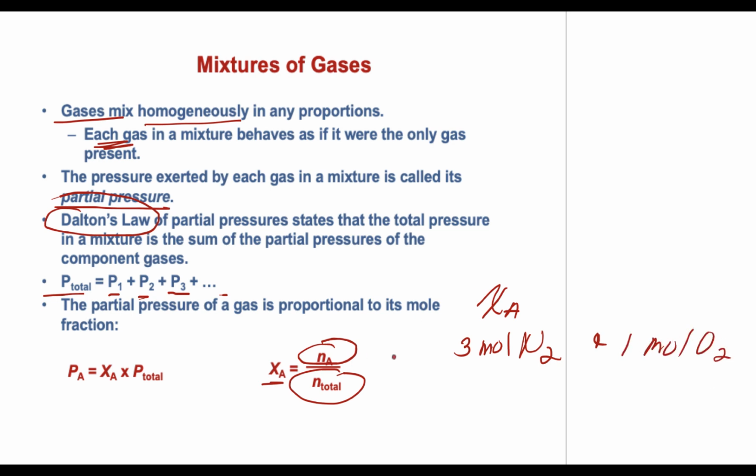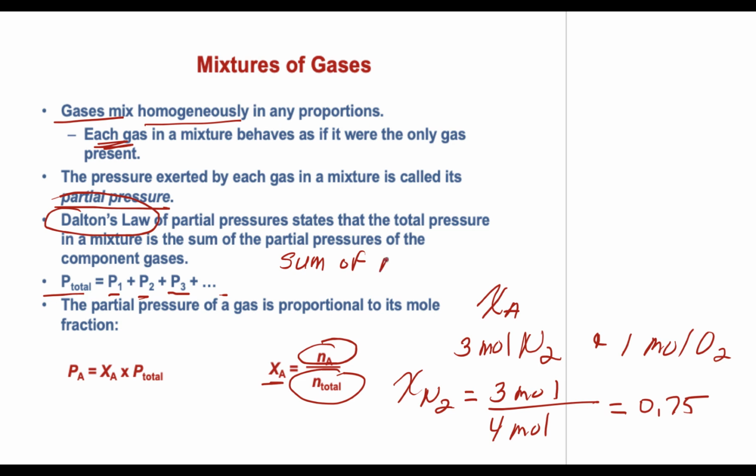And if I were to ask you what is the mole fraction of the nitrogen, we have 3 moles of the nitrogen, and then we have 3 plus 1, 4 moles in the mixture. So that'd be 3 divided by 4, which would be 0.75.